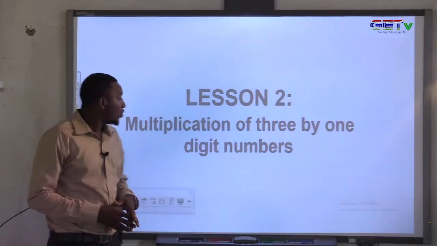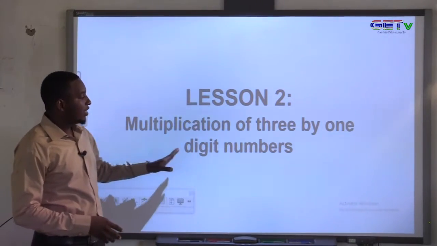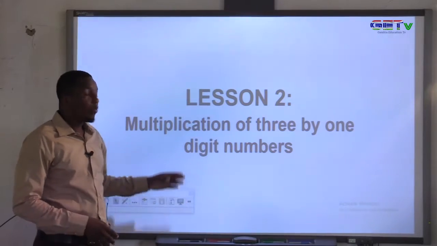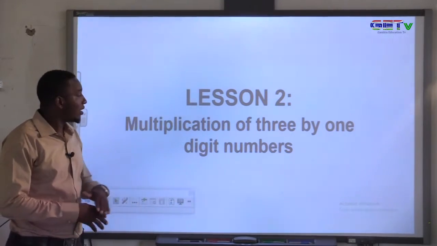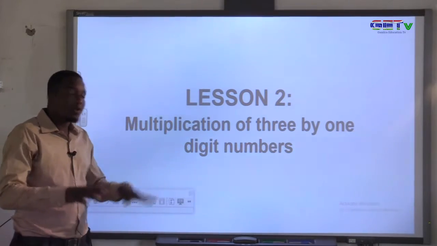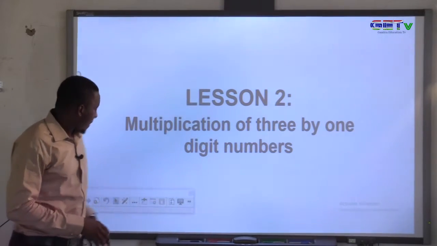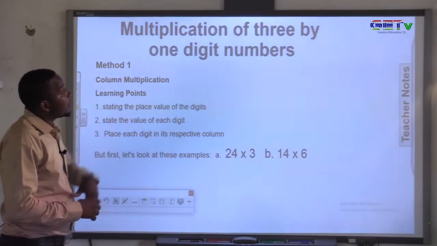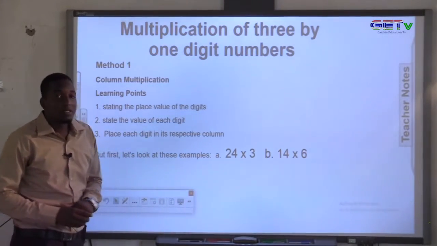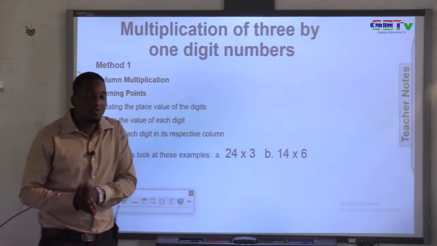And this time we are going to focus on multiplication of 3-digit by 1-digit numbers. Of course, the lesson today is for lower grades. We are going to look at multiplication of 3-digit by 1-digit numbers, and we are going to do this in two phases.